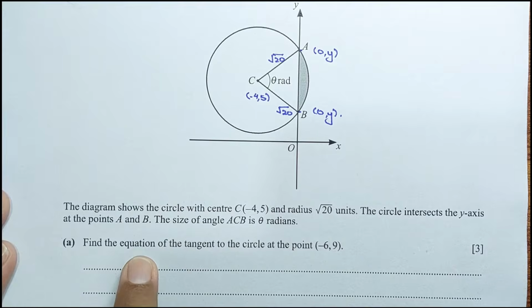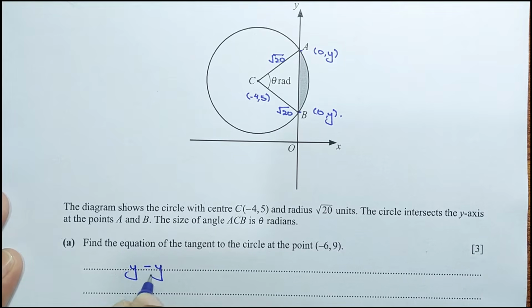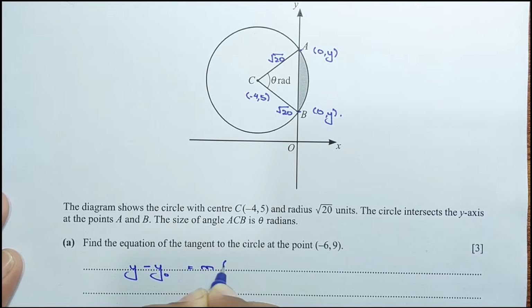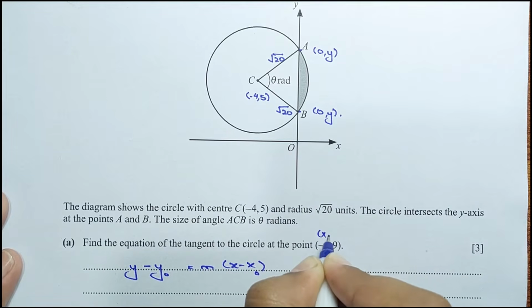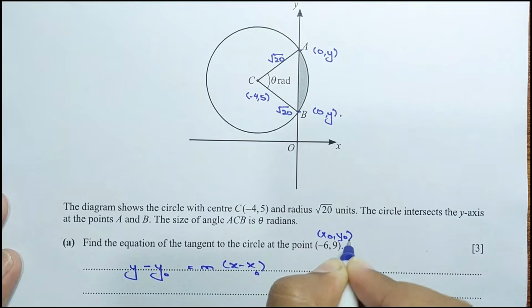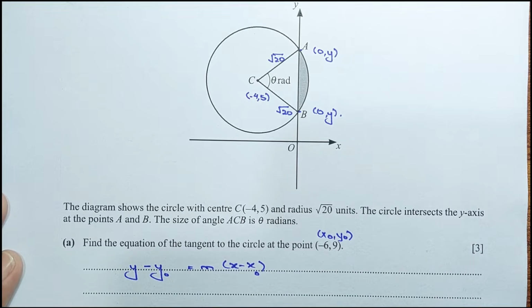Part a: find the equation of the tangent to the circle at point -6 and 9. The equation of the tangent is y minus y naught equals m into x minus x naught, where the point x naught, y naught is -6 and 9. We have to solve for m.